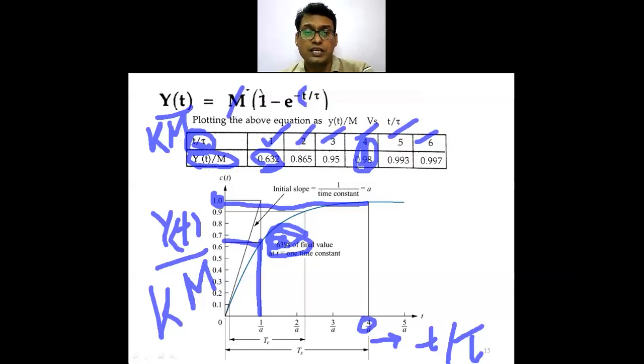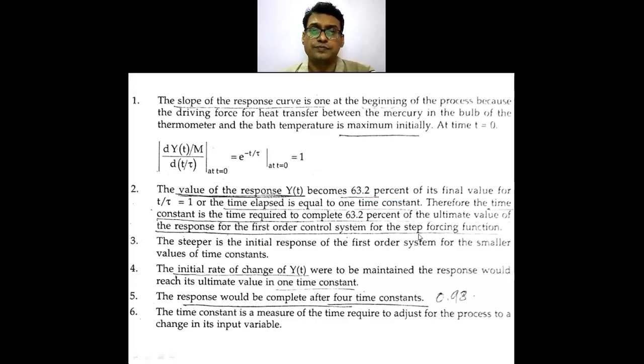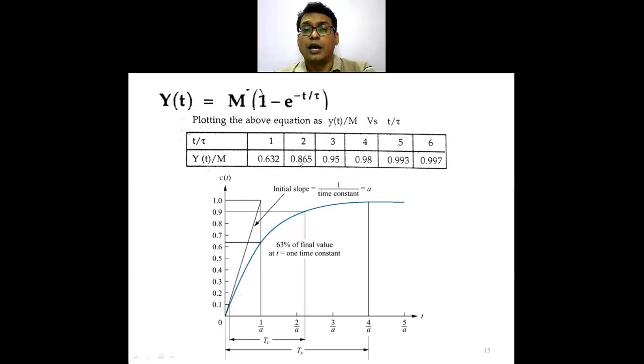Now the slope at time t equals to 0 is d(y(t)/KM) upon d(t/tau) at t equals to 0, which is equal to e raised to minus t upon tau, which is equal to 1.